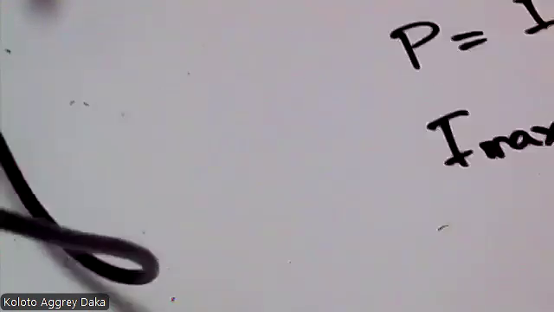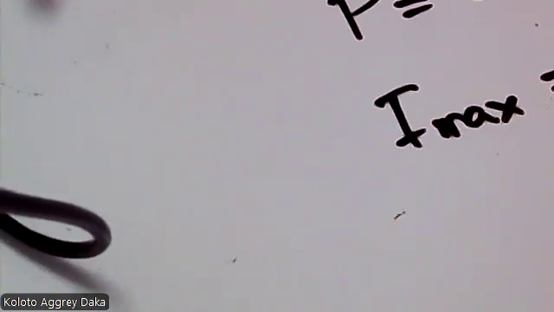So your power is 1.01 squared multiplied by R. Our resistance was 24.